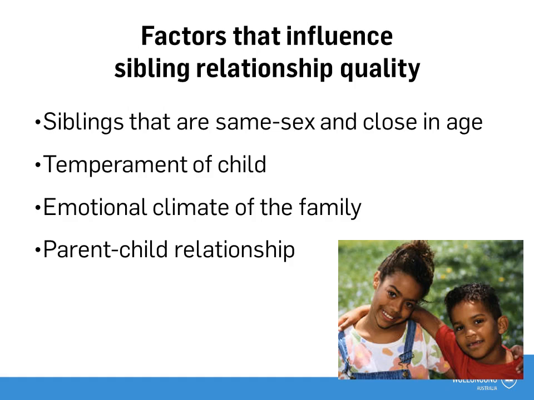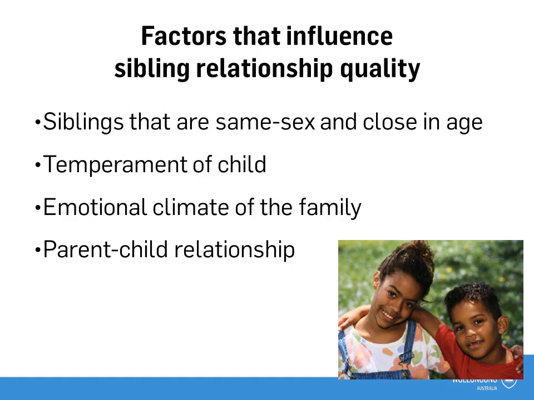Another factor that influences sibling relationships is the temperament of the children. So children who are high intensity, high activity, low persistence tend to have more conflict with their siblings, and they also may have more issues around emotional regulation and conflict resolution, and that can, again, relate to how the two children relate and the amount of conflict that they have.